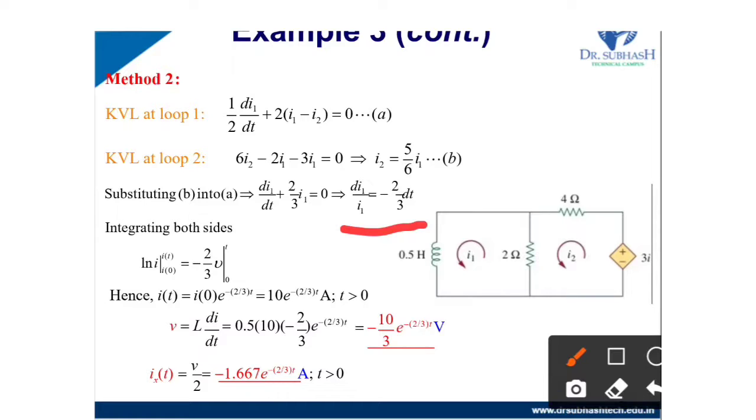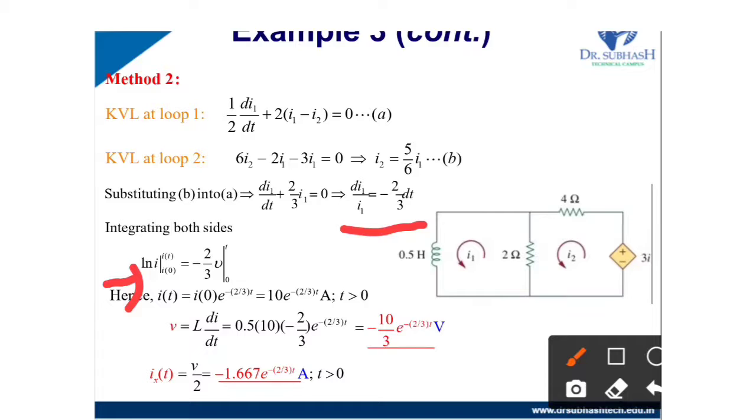So integrating both sides. In this method we have to know integration and differentiation, but in the previous method we don't require the integration part. So log of I, with limits I0 to i(t), equals minus 2 by 3 t, with limits 0 to t.